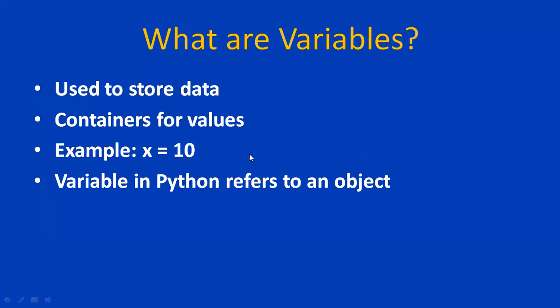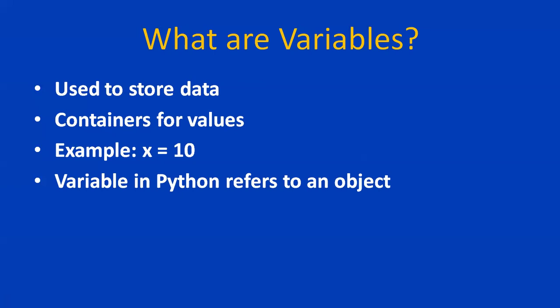A variable in a program is uniquely identified by a name; each variable has a unique name. And variables in Python refer to an object, an item or element that is stored in memory.